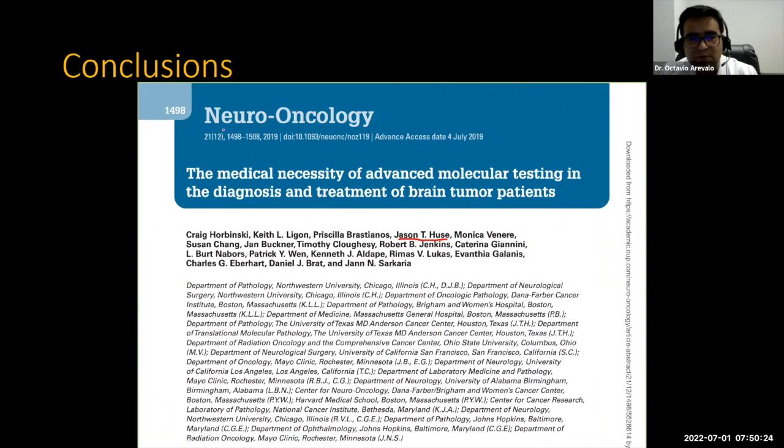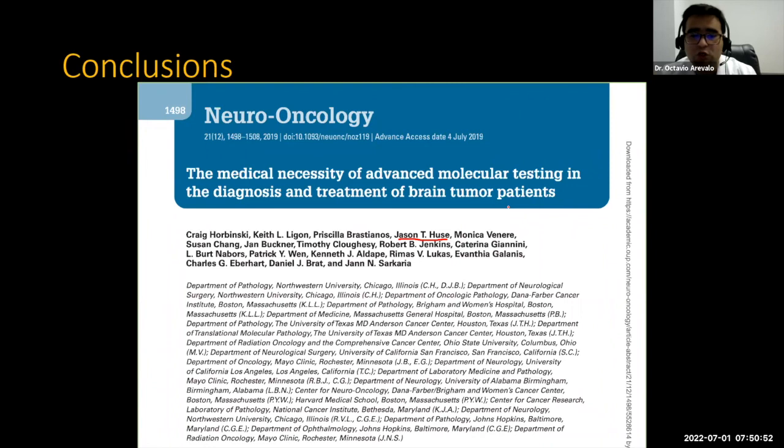They published this in 2019 in Neuro-Oncology about the medical necessity of advanced molecular testing in the diagnosis of brain tumor patients. And they say that, yes, these tests are expensive, but they are not as expensive in the long run as unnecessary treatments, and life expectancy and patient well-being, as you would think.